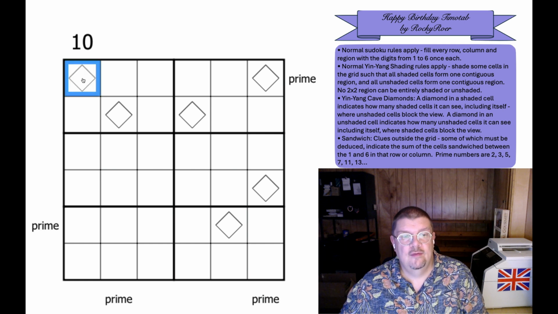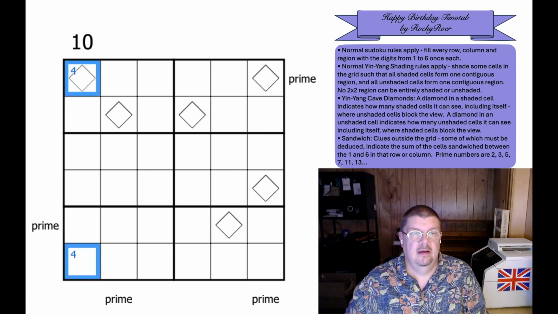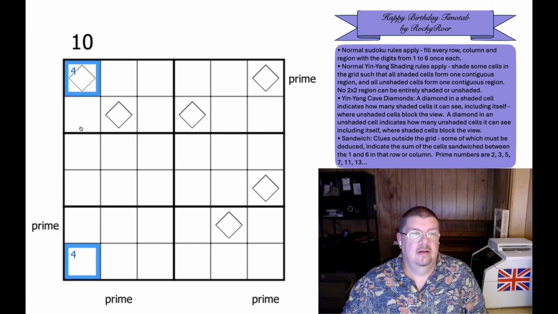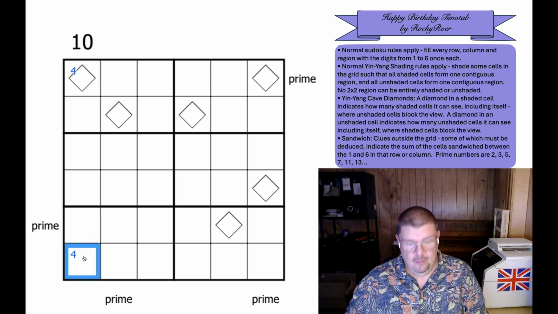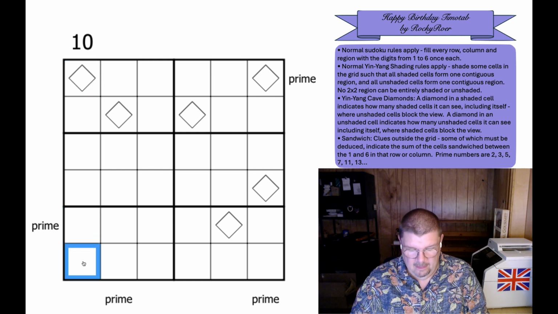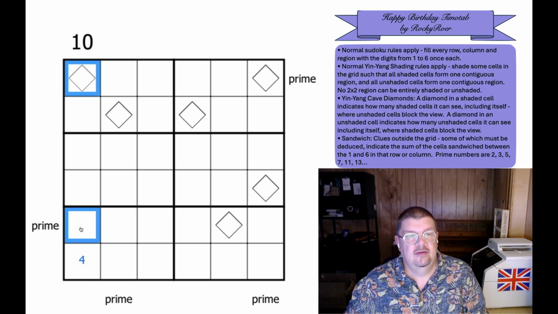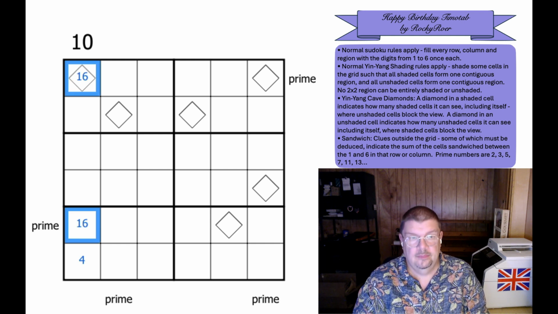So that means I'm going to have a 4 here or here, and I know I'm marking across boxes, but I think that'll be useful in a moment. I'll mark them center because if the 4 is here, then this must be a 1-6 pair.